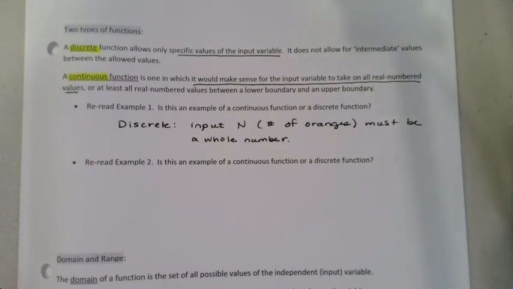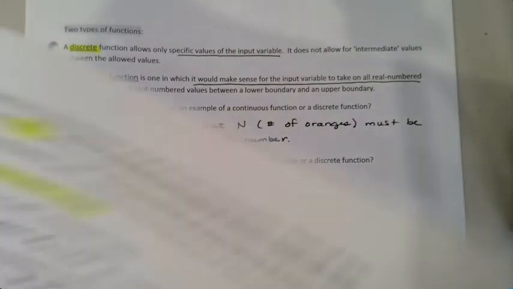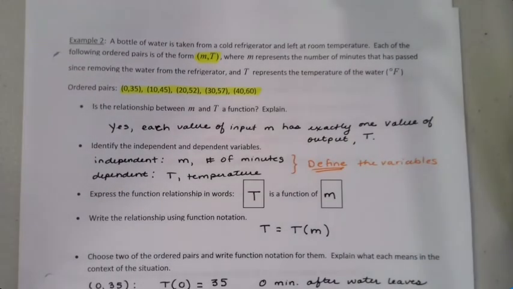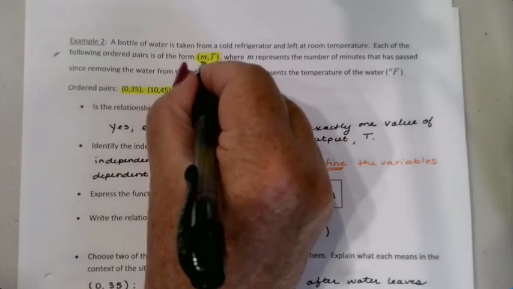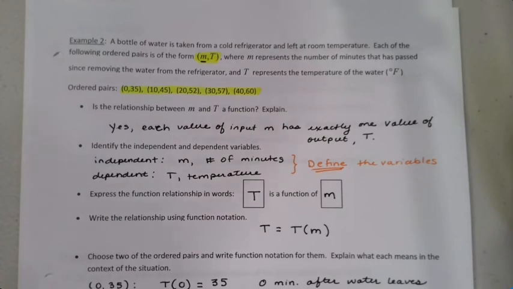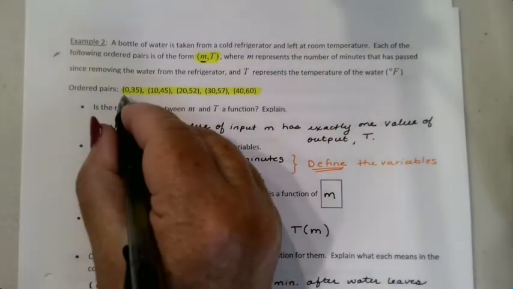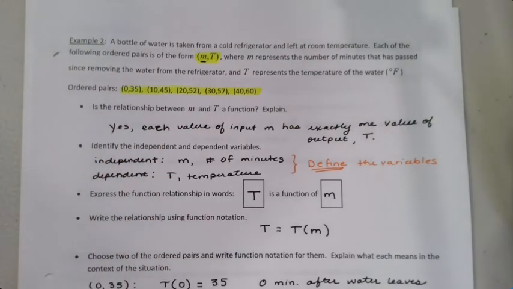Now let's look again at example 2. This is our water taken out of the fridge, and our input variable here is m, the number of minutes. Now I happen to give us 0, 10, 20, 30, and 40, but do intermediate values make sense here? Not only 0, 1, 2, 3, 4, 5 minutes, which would also make sense, but what about 1.5 minutes or 7.25 minutes?